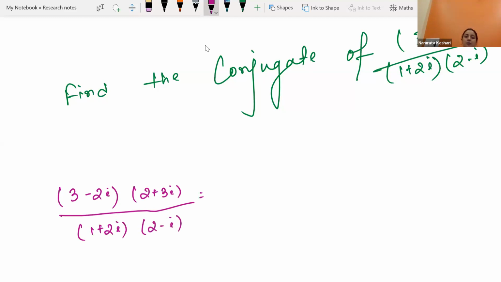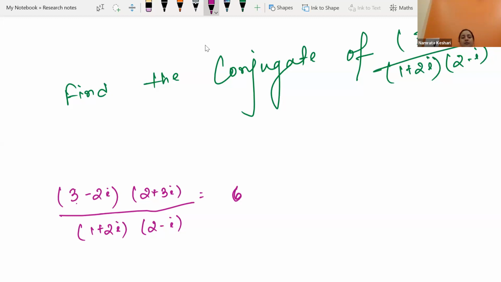Let's apply distributive property. We'll be having 3 will get multiplied with 2, so it will be just 6. Then what will we be having? Ali and Alina, please tell me. Yes, Ali and Alina. What we will be having in the numerator's part? 6.